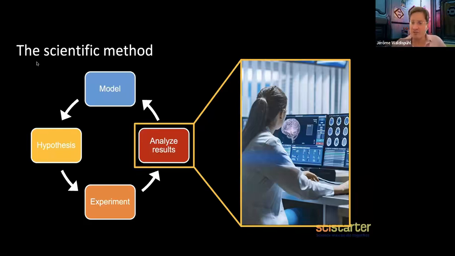We can generate tons of data from multiple different experiments, and computers are quite good at crunching the numbers and processing a lot of data very quickly. But often, if you don't have the view of the scientist behind, trying to correct the mistakes that the computer will make, you cannot go very far. So we always need to have this combination of humans and computers analyzing these results to advance the scientific process. Next slide.